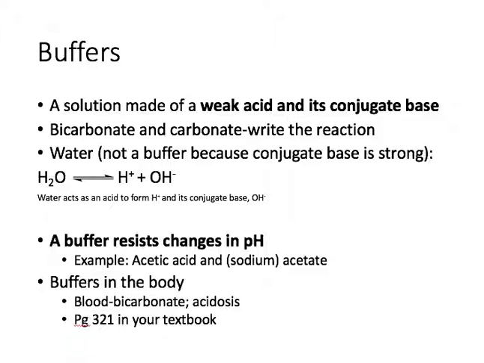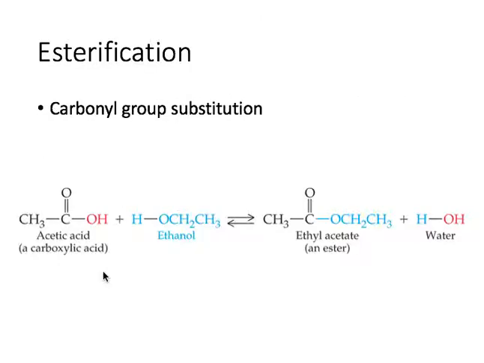We finished up on Monday talking about esterification, and this is a carbonyl group substitution. We saw addition at the carbonyl group when we made hemiacetals and acetals, and now we're doing a reaction that you did in lab where we react a carboxylic acid with an alcohol to give us an ester.